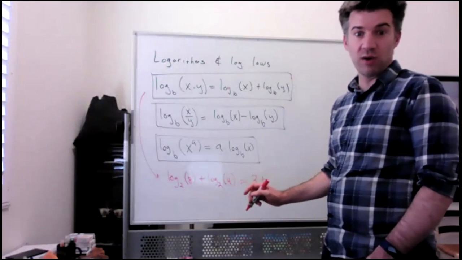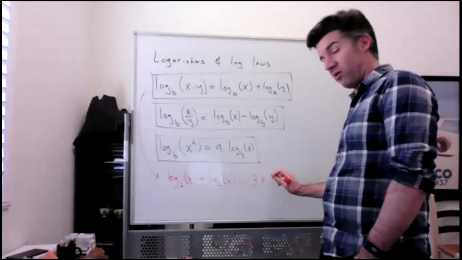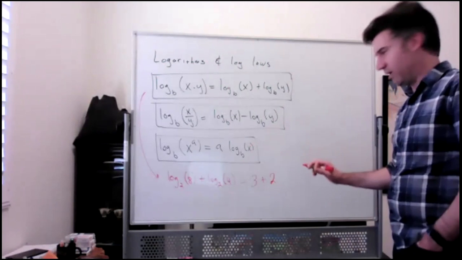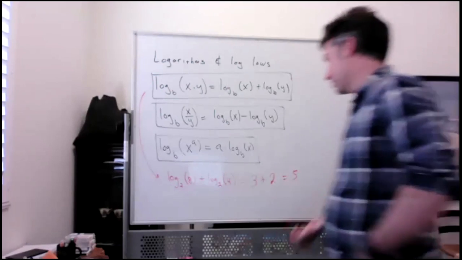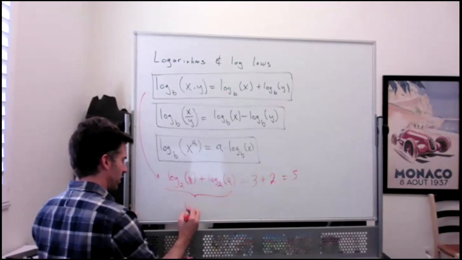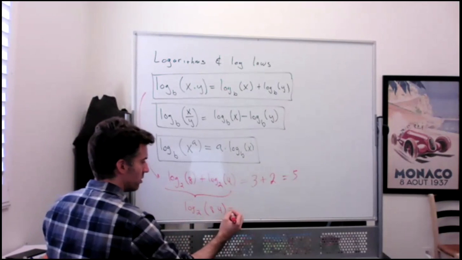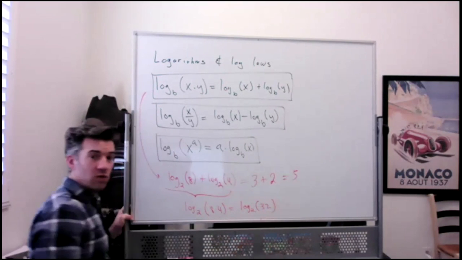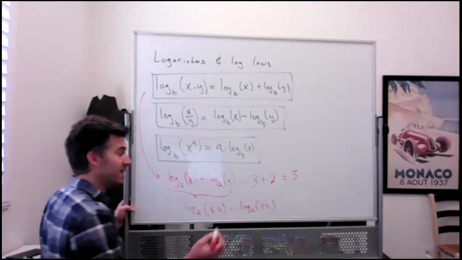And log base 2 of 4, 2 to what power equals 4? That's going to be 2. Then 3 plus 2 is 5. But this is the same as, if we put these together, log base 2 of 8 times 4, which is log base 2 of 32. 2 to what power equals 32? That power is 5.